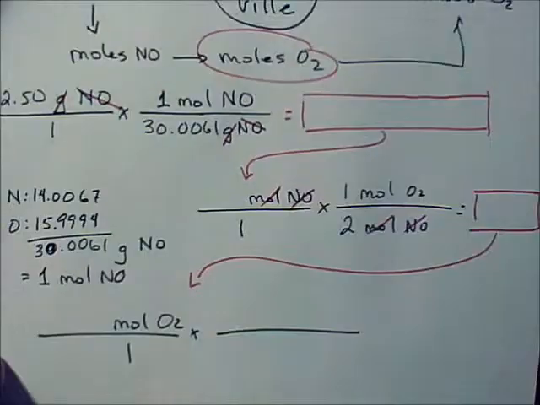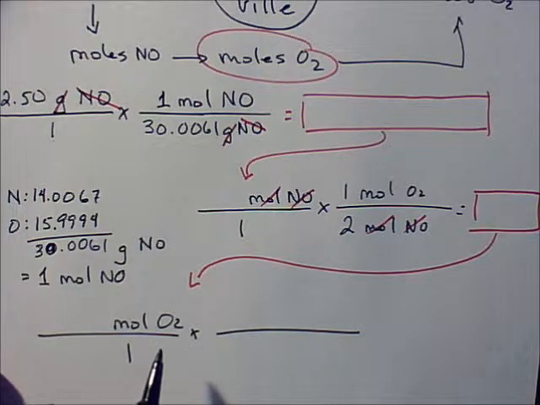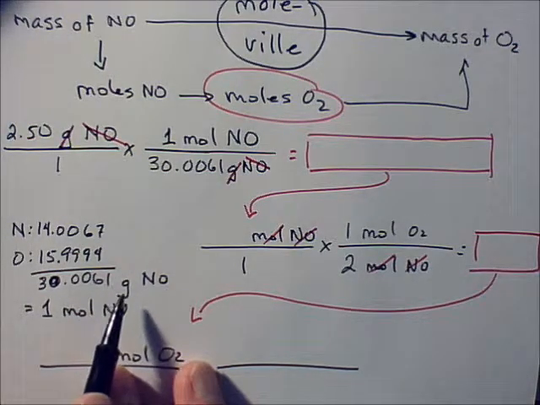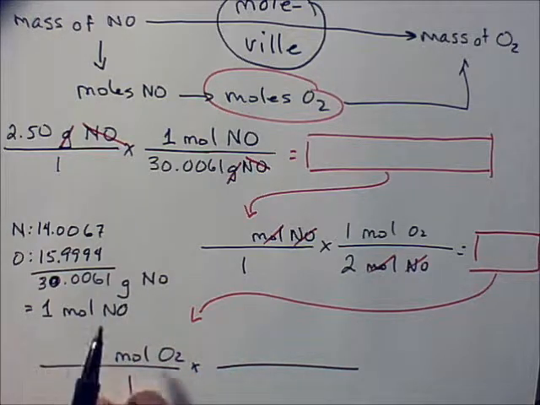So you got to calculate what? Go from moles to mass, what do you have to calculate? Molar mass. Again, but this time for O2. So you got to add oxygen's atomic mass twice, set it equal to grams of O2 equals 1 mole of O2.